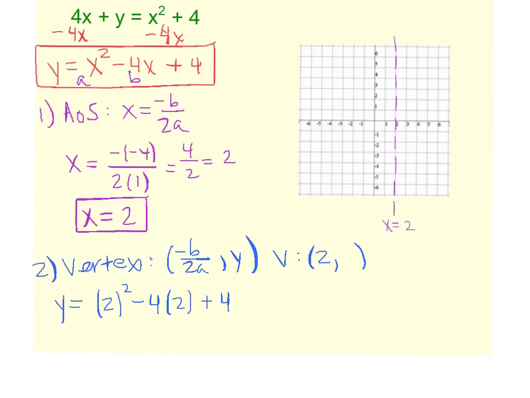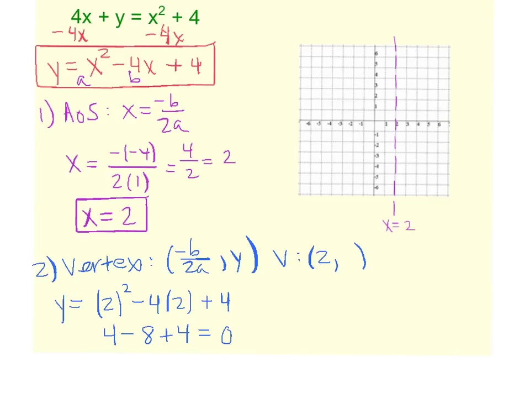Do your exponent first. 2 squared is 4. Negative 4 times 2 is a negative 8 plus 4. Oops, that's a 4. 4 minus 8 is negative 4. And negative 4 plus 4 is 0. So let me see, 4 minus 8, negative 4.